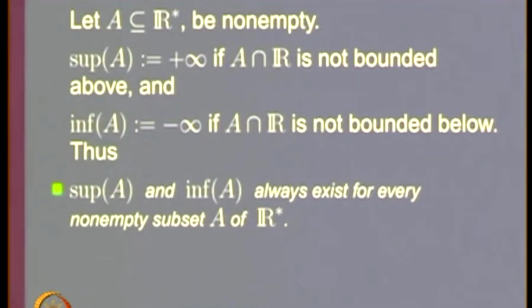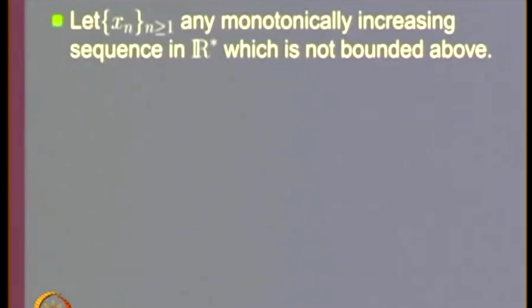Now similar results will hold for limits of sequences in R star. So let us look at a sequence xn which is monotonically increasing and which is not bounded above. If you recall, for a sequence in real numbers, if it is monotonically increasing and bounded above, then it must be convergent.